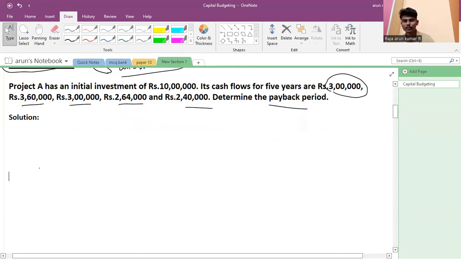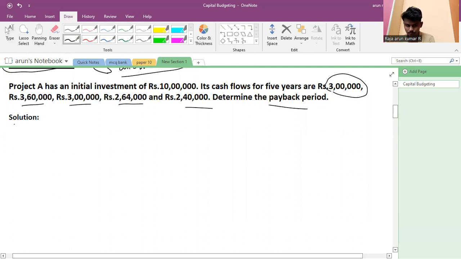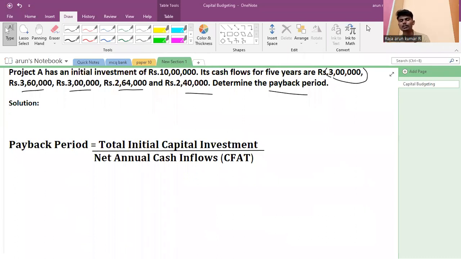In the payback period, first of all, I tell the formula. The formula is the most important, that's why I'm typing it.